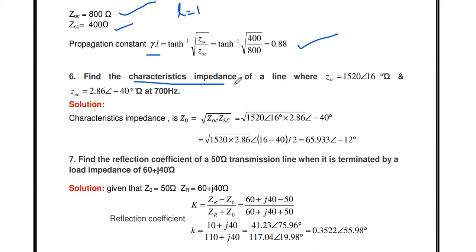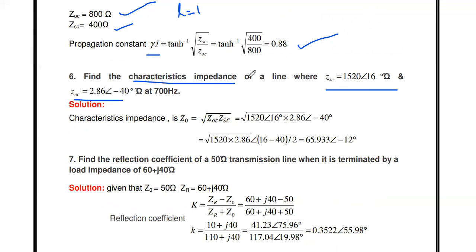Find the characteristic impedance of a line where ZSC is given and ZOC is given at 700 hertz. Here the short circuit impedance and open circuit impedance values are given in polar form: ZSC equals 1520 with angle 16 degrees, and ZOC is 2.86 with angle minus 40 degrees.